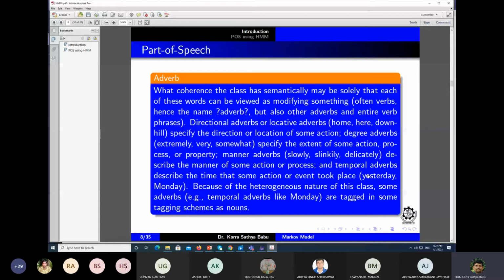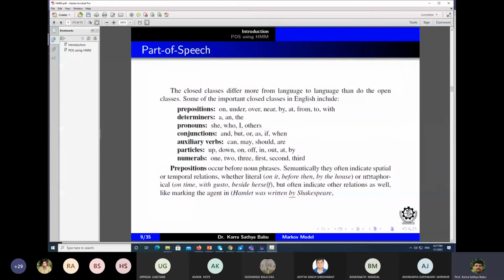For example, turn down means something like reject, rule out means eliminate, find out is like discover, and go on means continue. These are phrasal verbs, a verb and particle combined together.